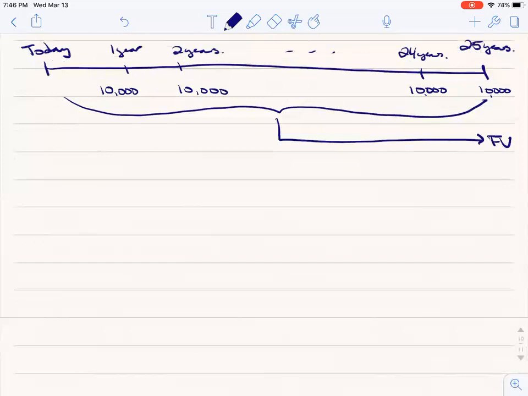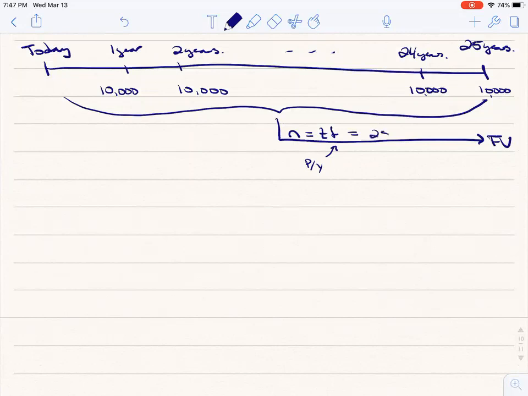Remember N? I'm going to put N on the arrow still. But N is time times the frequency, because N is the number of payments, and F is the payments per year. We can still use the same formula.